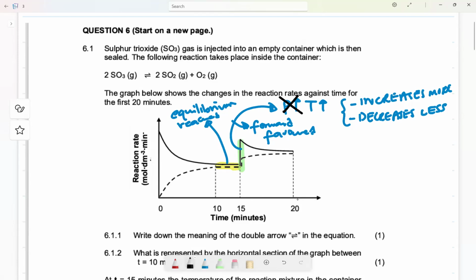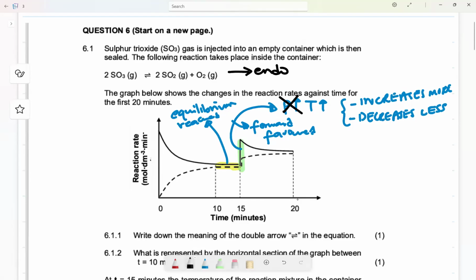We can see from the graph that the forward reaction is favored when the temperature is increased. So it means the forward reaction is endothermic.